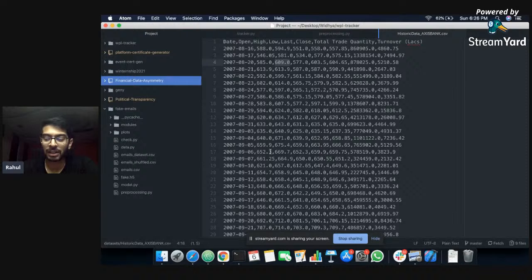But just to give you a glimpse of how the data set looks, it has about 6,000 true email IDs that we have from users of Vidya. We use these email IDs to understand what genuine email IDs could look like.